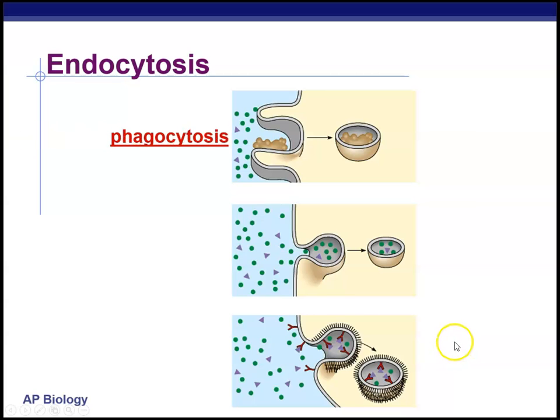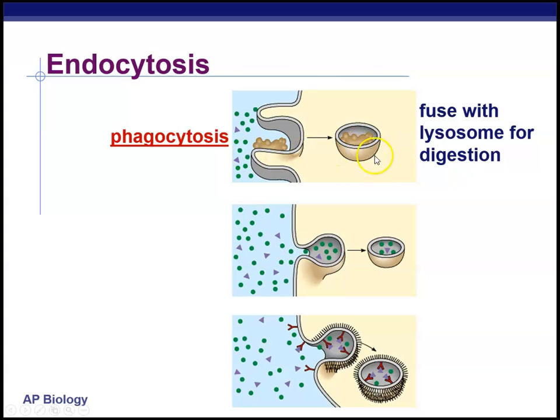So let's take a closer look at how that might look. Here's phagocytosis. Here's some food, whether that be bacteria, organic matter, another smaller protist, or something like that. This could be an amoeba here, or it could be something like a white blood cell in your own body. When it encounters this food, the cell membrane can indent inward and bring it in, forming a vesicle around it.